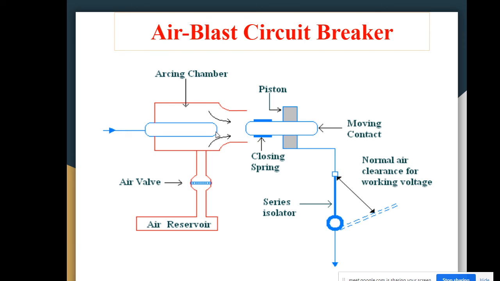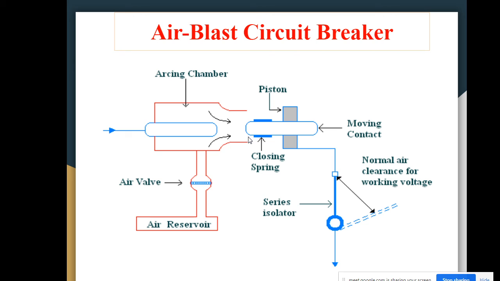So the moment the air blast is forcing the moving contacts away from the fixed contacts, the two things that we notice here: this air blast is taking away the arcing products and releasing them to the atmosphere. First point. When the arcing products are taken away along with the arc path, we are maintaining the potential difference between the contacts of the circuit breaker.